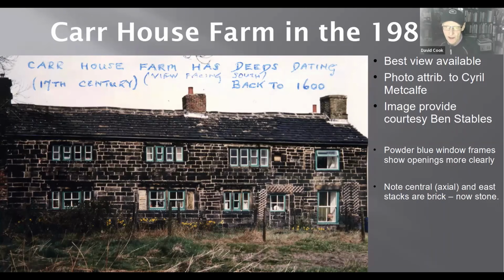And I've included it because it's got the windows painted in and it shows you quite nicely the way the windows are and the changes that have been made to them. On the right hand side here we can see that mullions have been taken out in the parlour window, and in the house body, the main window, two of those lights have been blocked, two mullions taken out, but the centre mullion remains.